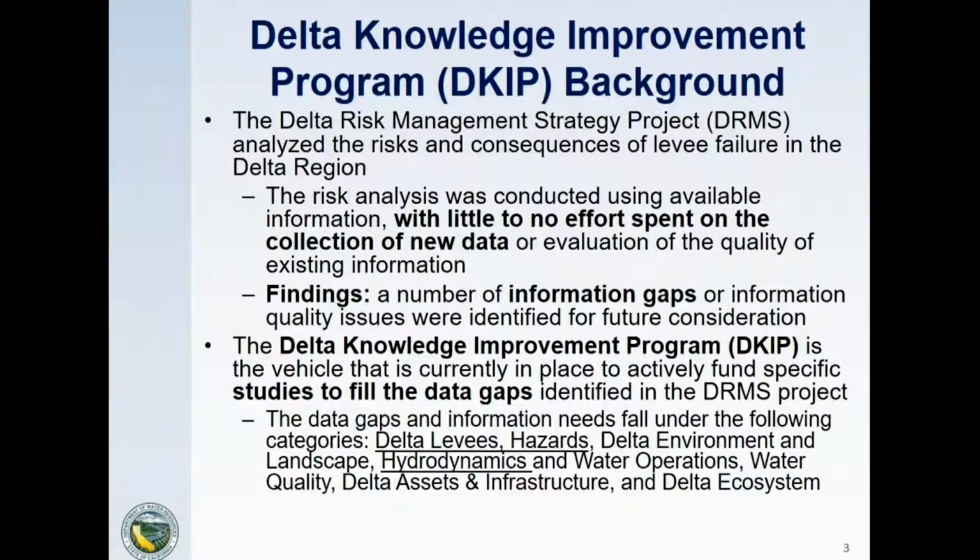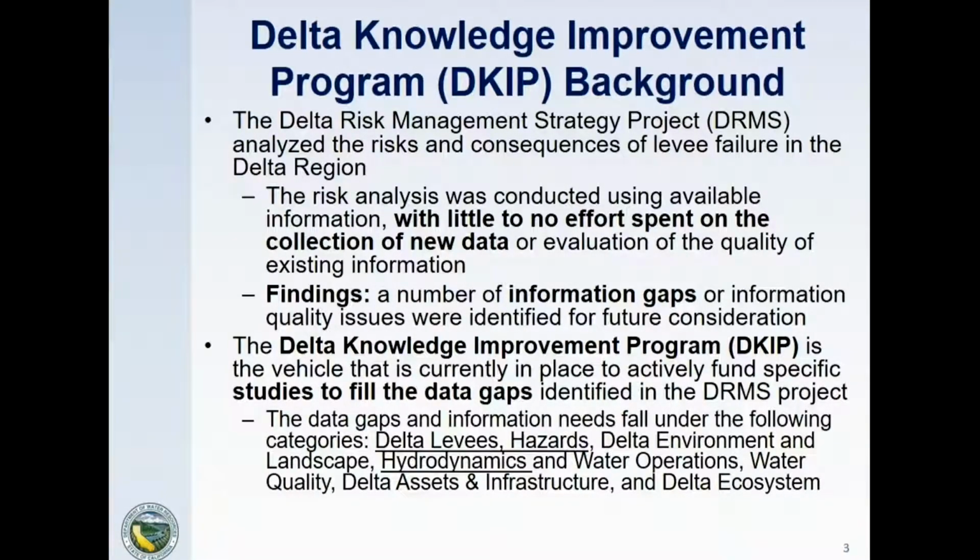Assembly Bill 1200 required DWR to take a look into the Delta levees and see what would be the impact of the devastating effect of levee failures on the California water supplies. So with whatever tools and data were available at the time, an assessment was done and risk reduction studies were chalked out, and a lot of gaps were identified.